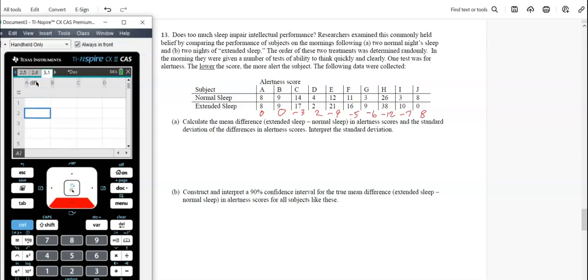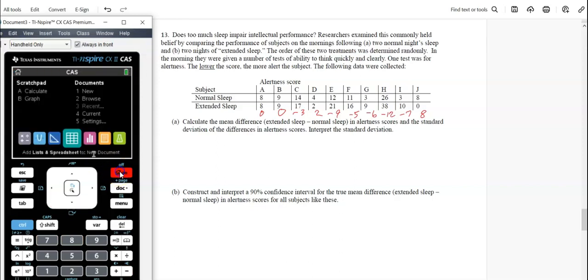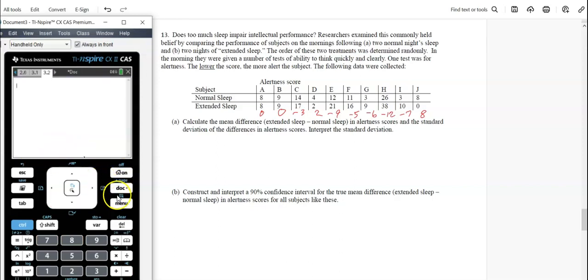So 0, 0, 0, -3, 2, -9, -5, -6, 6, -12, -7, and 8. Okay, type in all the data, go to the calculator page.